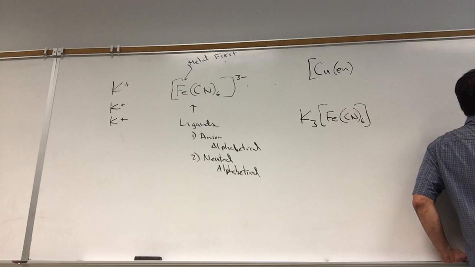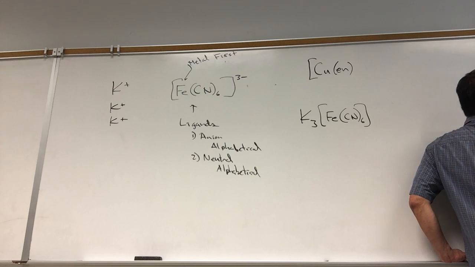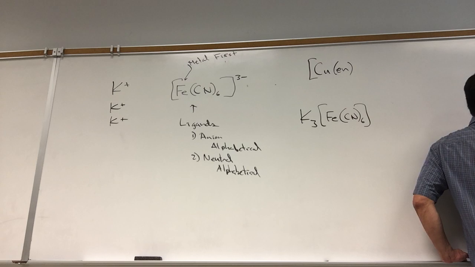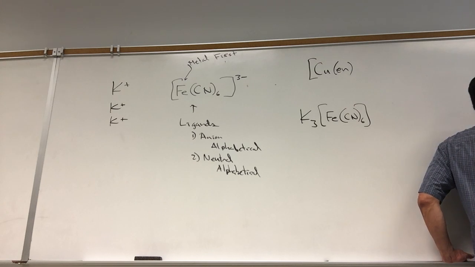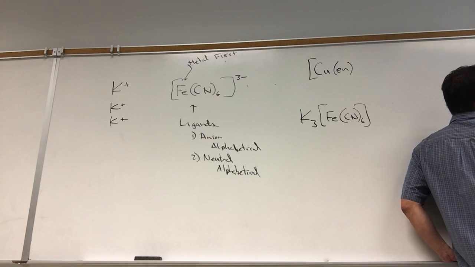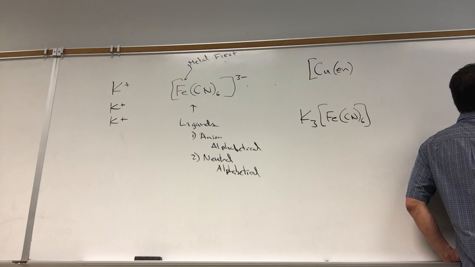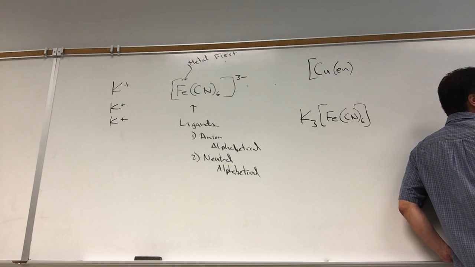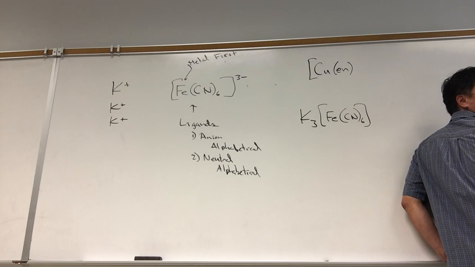Should you write it as a condensed structural formula? As a condensed structural formula, it would be H2N, CH2, CH2, NH2. So does it begin with an H, or should you write it like an organic formula, C2N2H8? So does it begin with hydrogen, or does it begin with carbon? Or how should you write it?